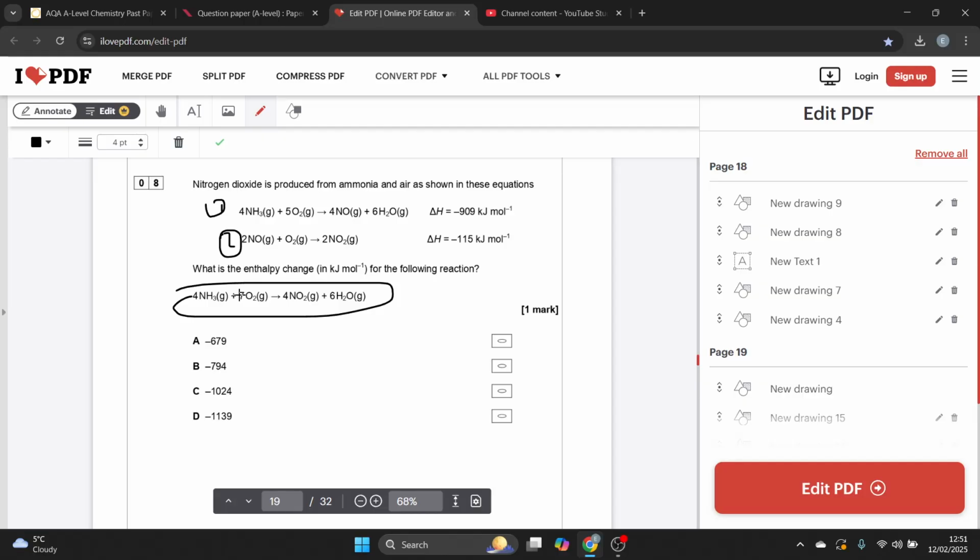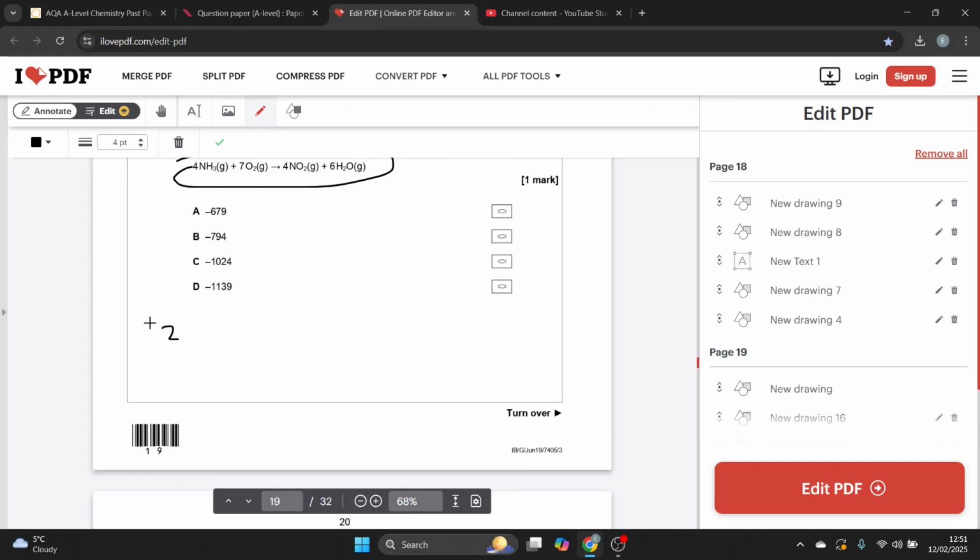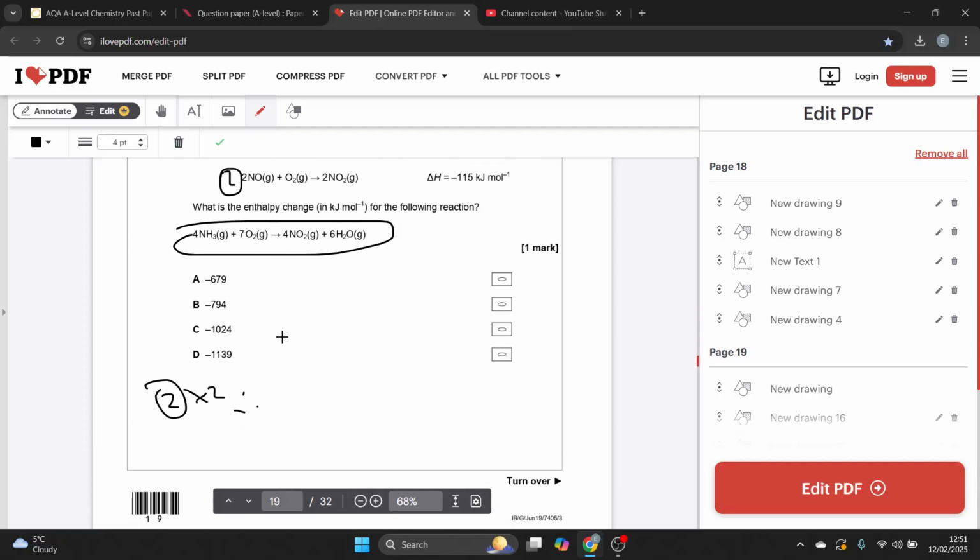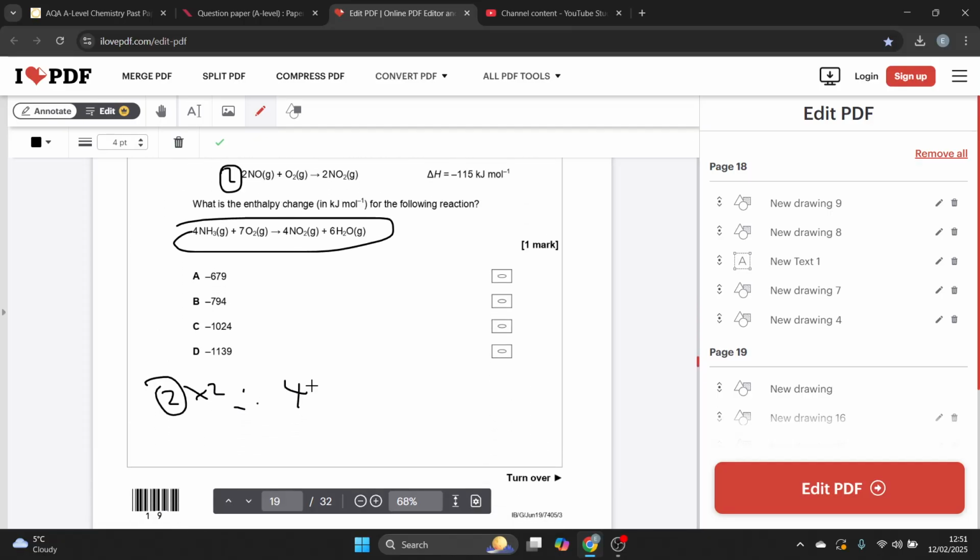I think I've spotted it. If I do equation 2 times by 2, I get 4NO gaseous plus 2O2 gaseous to form 4NO2 gaseous.